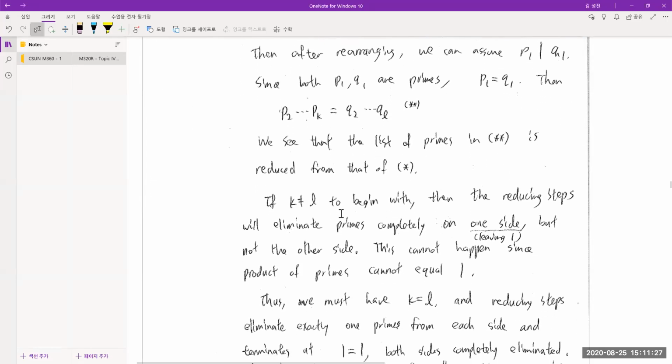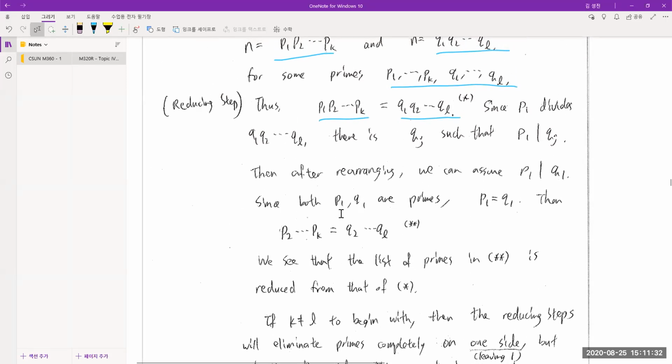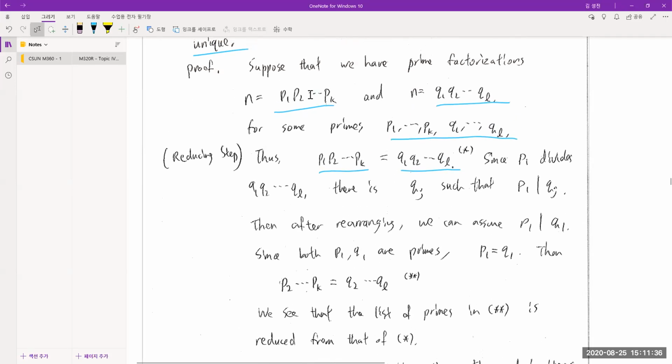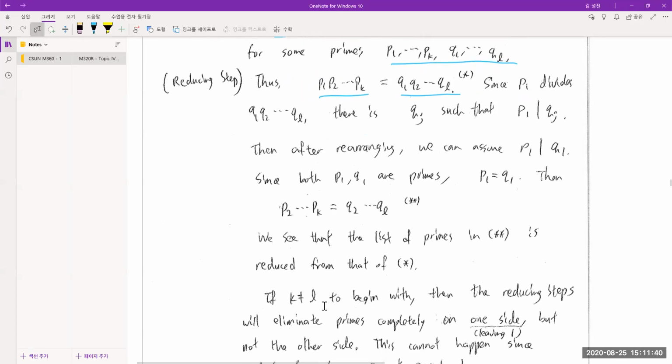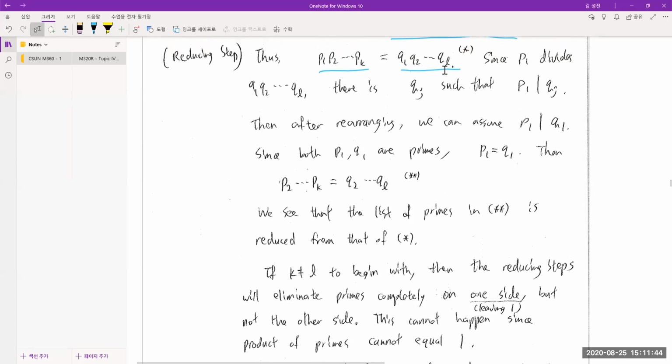Okay. So now let's say we have different lengths in the prime factorization. Say k and l are not the same. Then the star to double star reducing step will eliminate one prime at a time from each side, and do that until we exhaust one side completely.